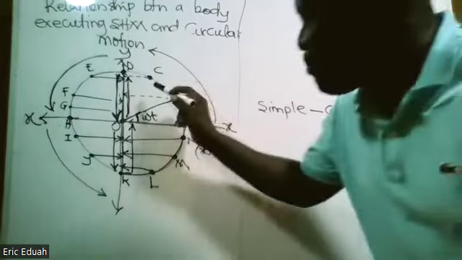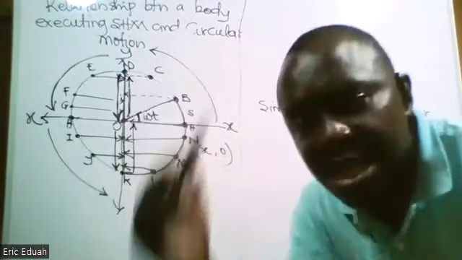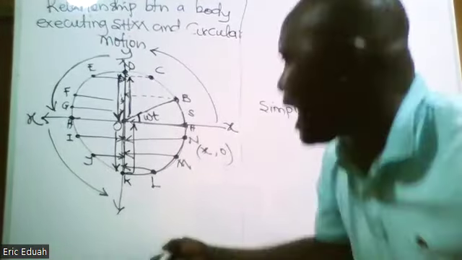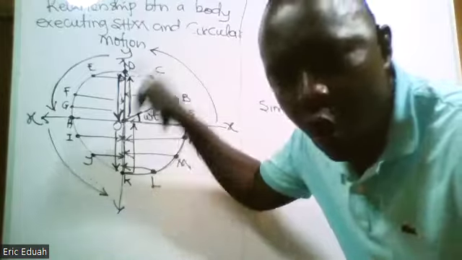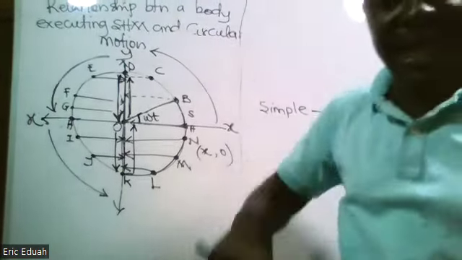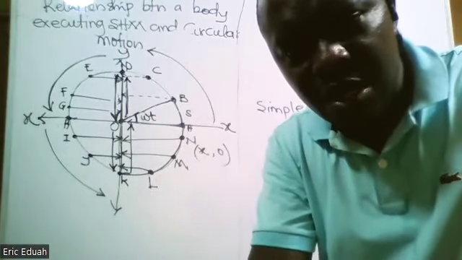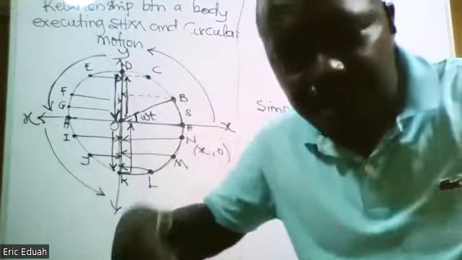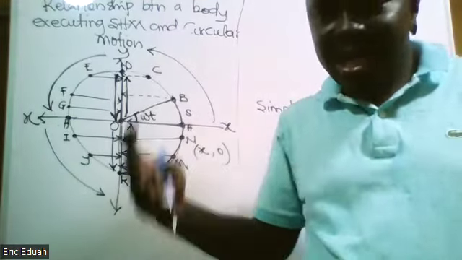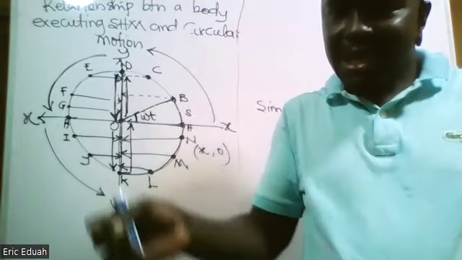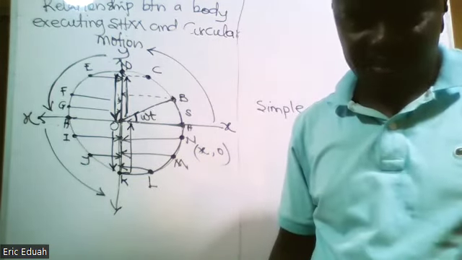Meaning that as the body is in circular motion, it is also executing simple repeated up and down motion of the same body or image around O. So when a body is in circular motion, we can also picture simple harmonic motion out of it, and the other way around. And this is the relationship between circular motion and simple harmonic motion.